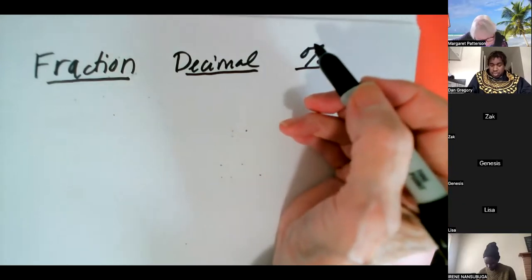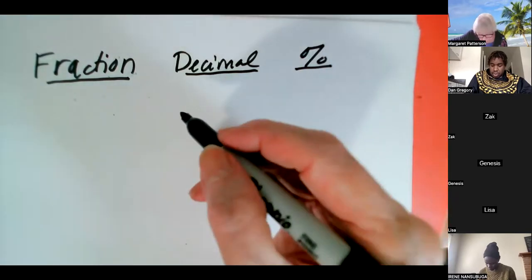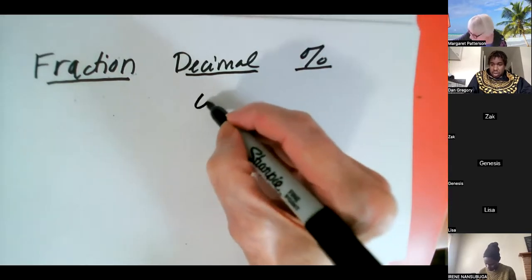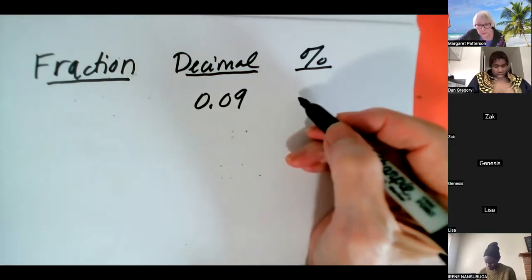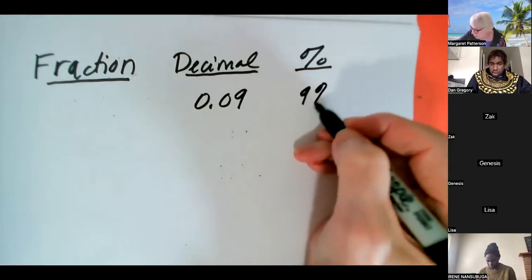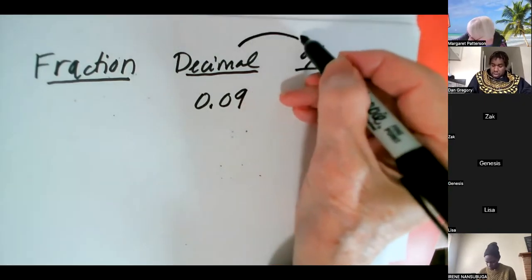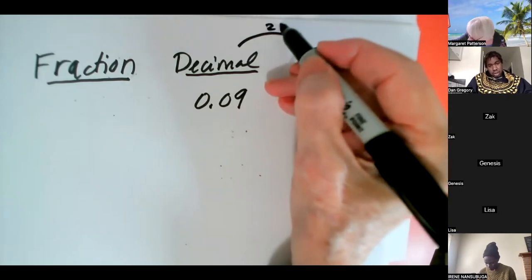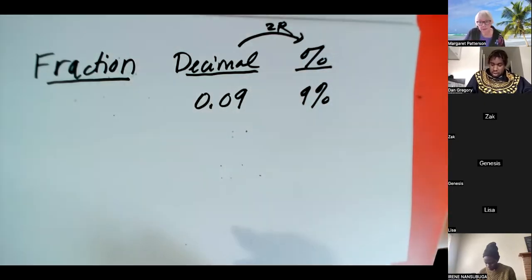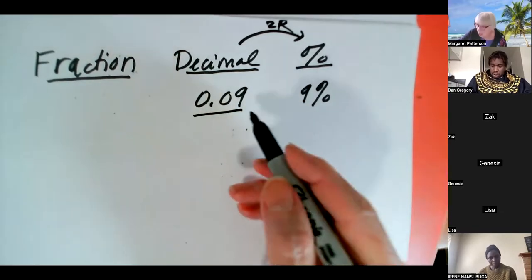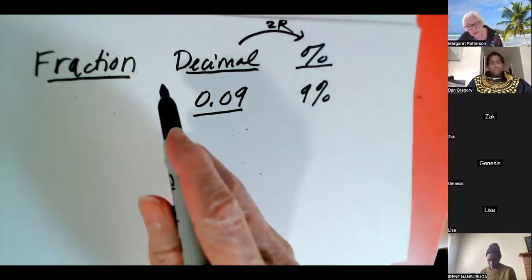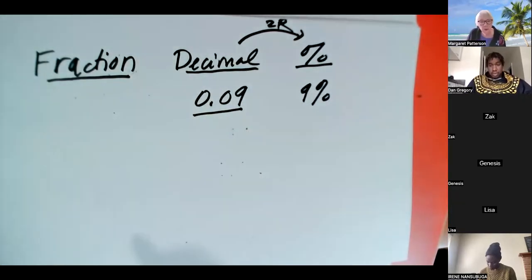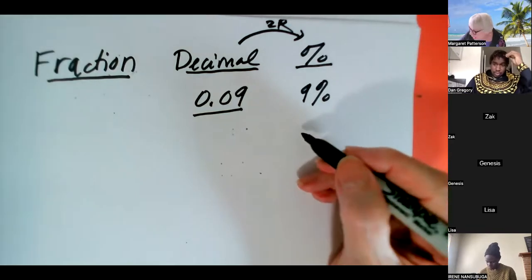So it really doesn't matter. Let's do 0.09. And if you want the percent, 9%. Remember, when we went this way, it was 2 to the right. So if I started here and had to go to the percent, I had to go in this direction. The chart is giving you the direction. It's supposed to help.